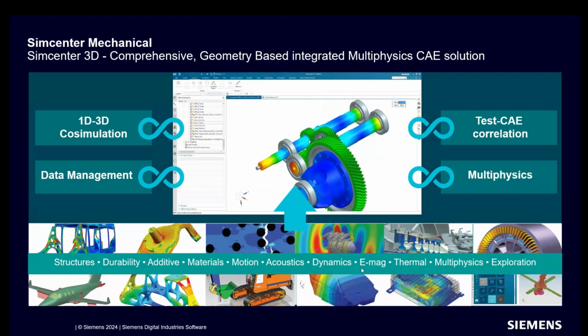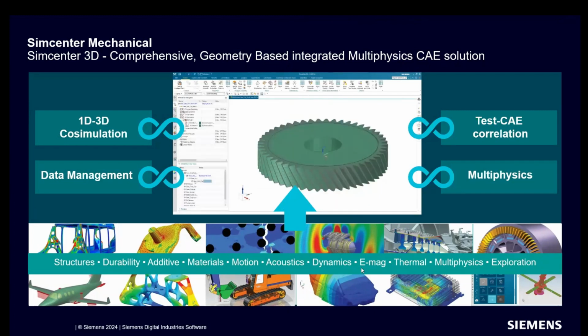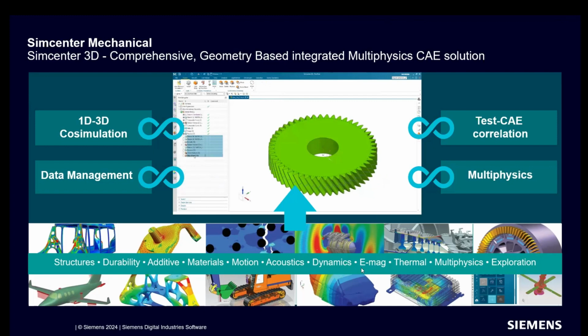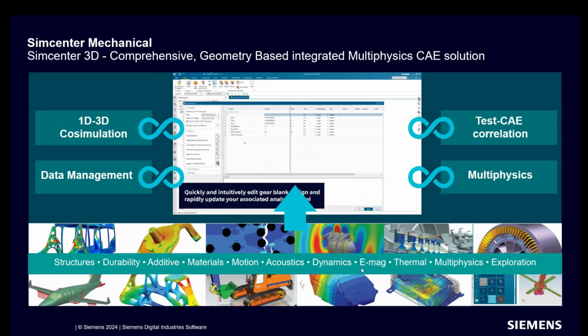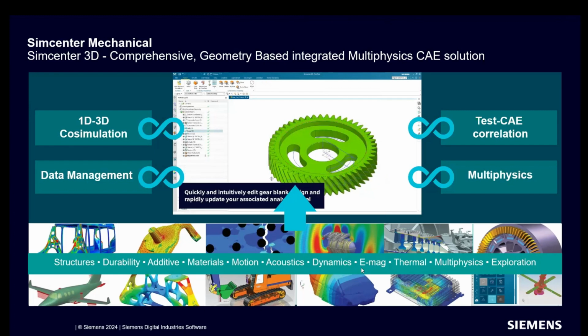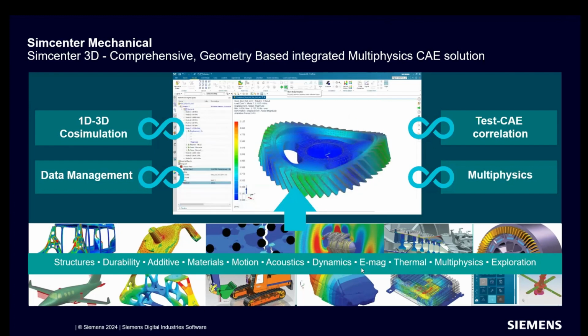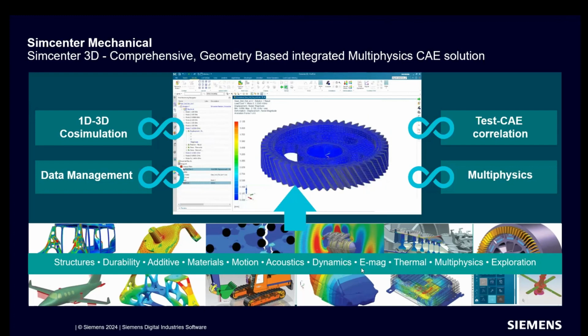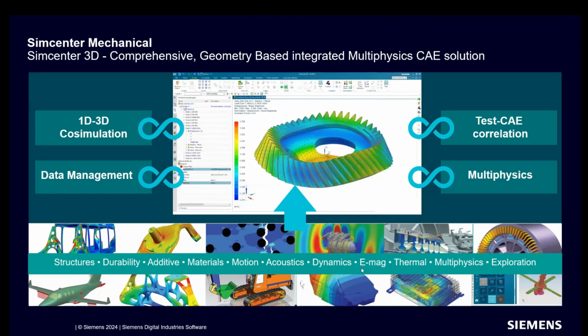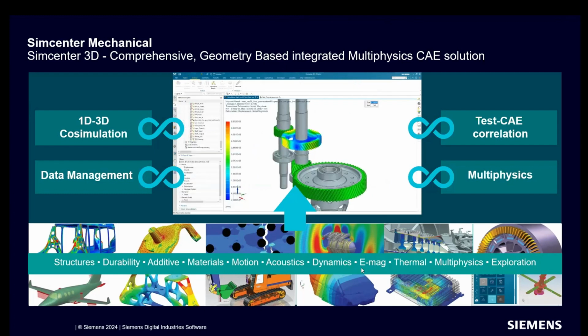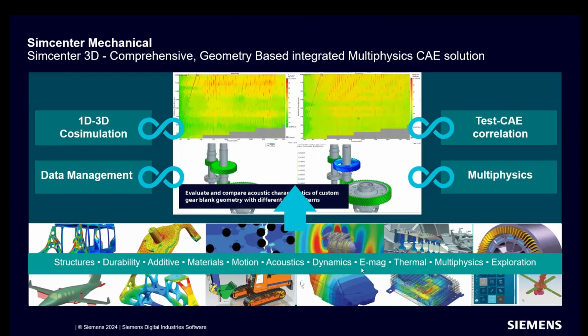But that's all about looking at your simulation model and correlating the results with what you're seeing on the test side, and then figuring out if they're different, why they're different, or hopefully they're the same and they correlate well. So in the Simcenter 3D environment, we have the ability to do structural analysis, durability, additive manufacturing, materials analysis, motion, acoustics, dynamics, EMAG, thermal, and then multi-physics between those, and then design exploration in particular.